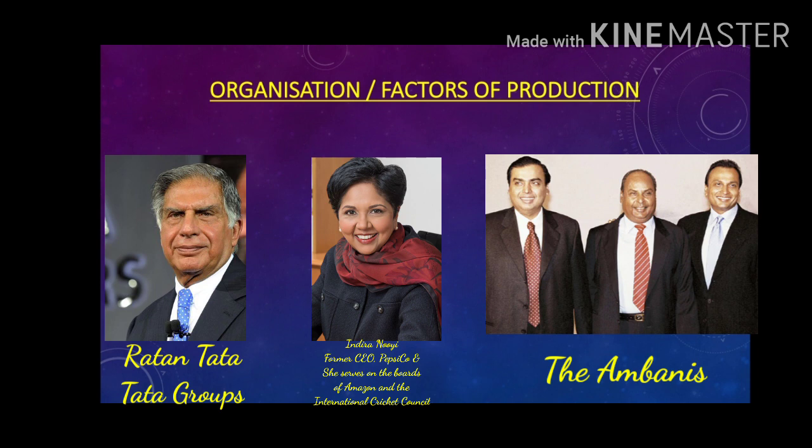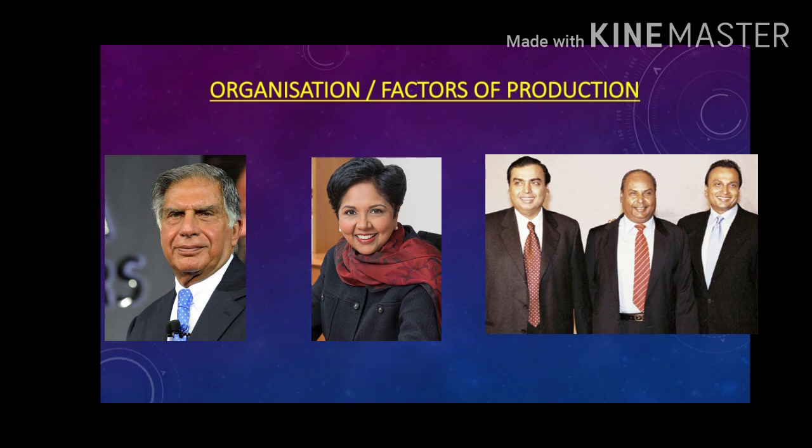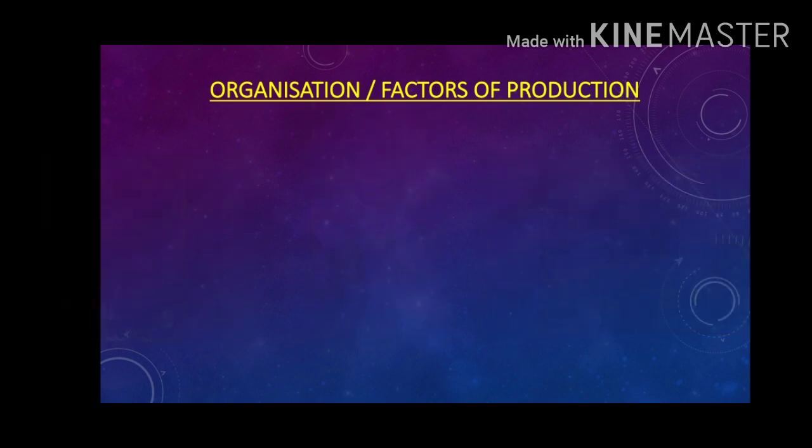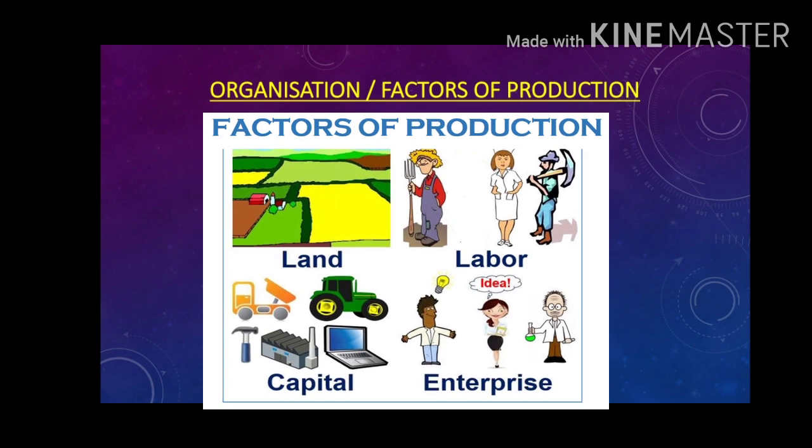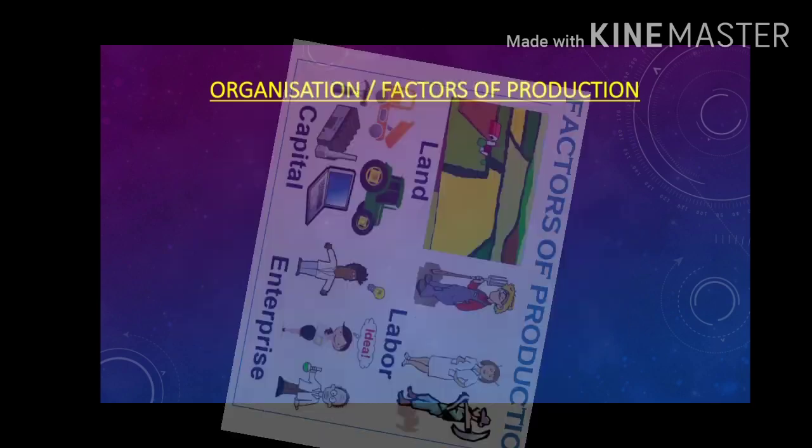They are the ones who lead big companies like Tata, Reliance, or say PepsiCo, all these big companies. And they make the fourth factor of production, that is called the human capital or enterprise. They put together all other factors of production and make them work. So they can also be called the risk takers.